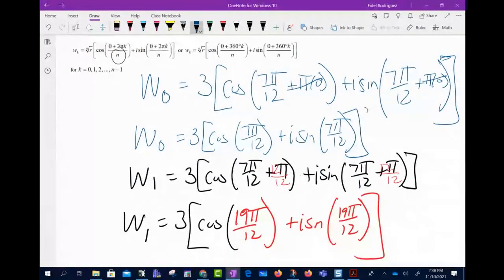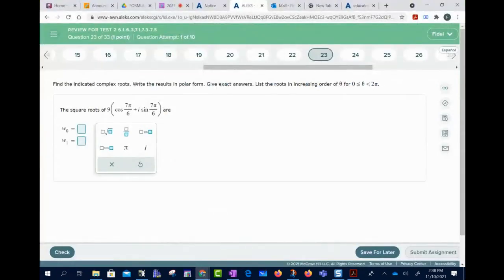Okay, so look, y'all, we got two answers. Here's the first one right here. So W0 is 3 cosine 7 pi over 12 plus i sine 7 pi over 12. So let's come back over here. All right. So I'm going to go 3, parentheses. Do we got parentheses? I guess we have to put them in ourselves.